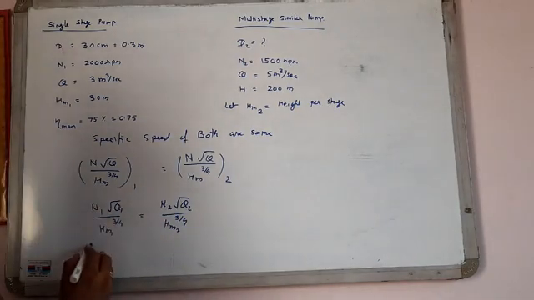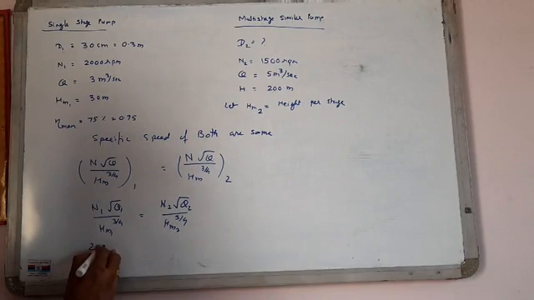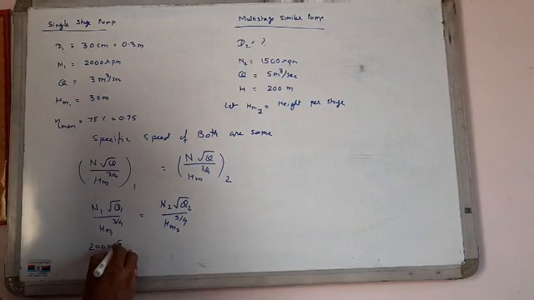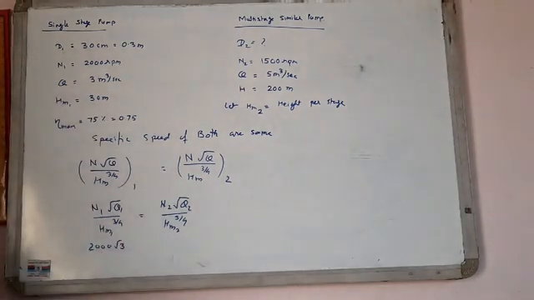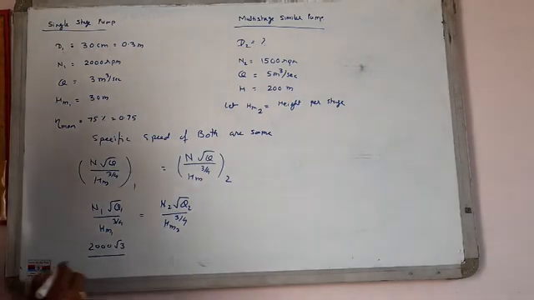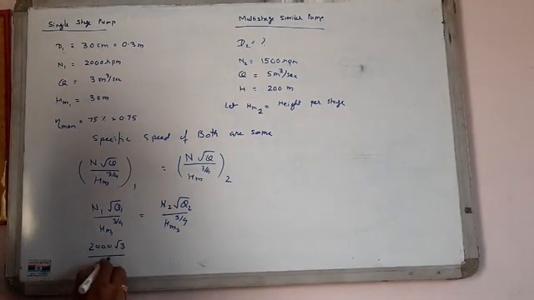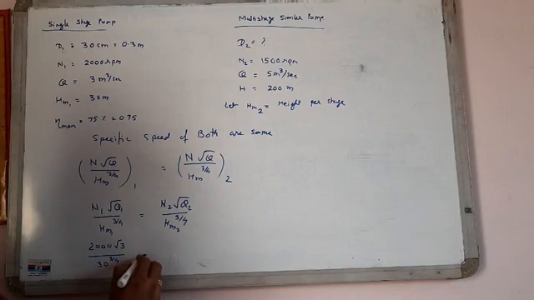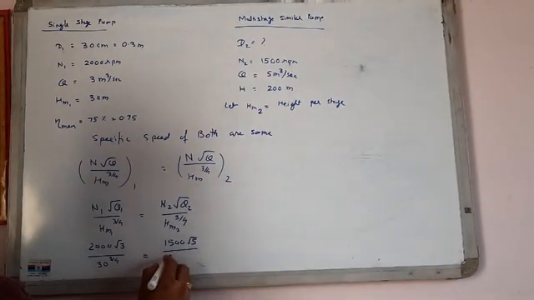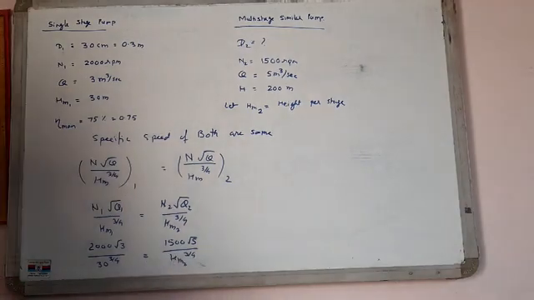Now putting the values here, N1 is 2000, root Q is root 3 meter cube per second, and HM1 is 30 to the power 3 by 4 equal to 1500 root 5 by HM2 to the power 3 by 4.